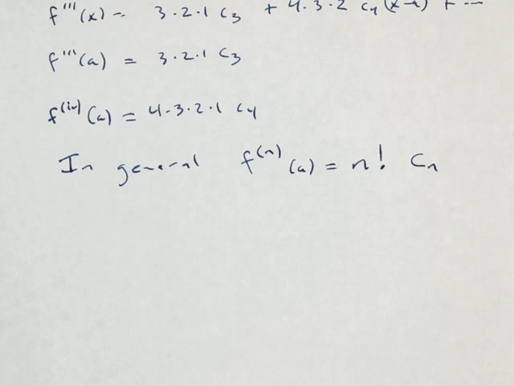Wait a minute. Coefficient that went with C0 was just 1, right? Right, when we were talking about factorials, I made a point to mention that 0 factorial is 1. That fits the pattern too. The 0 derivative would be f of a. Wait a minute.